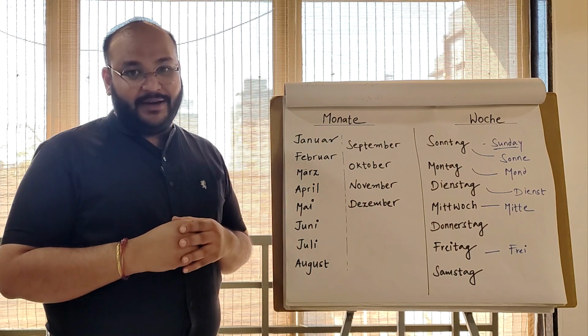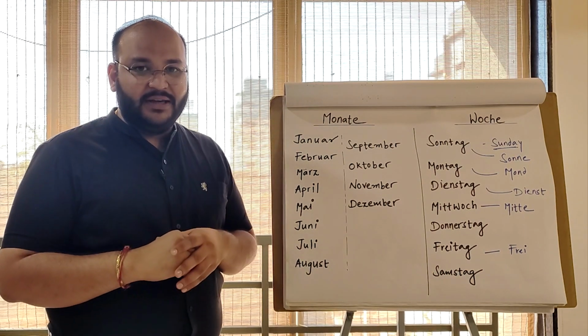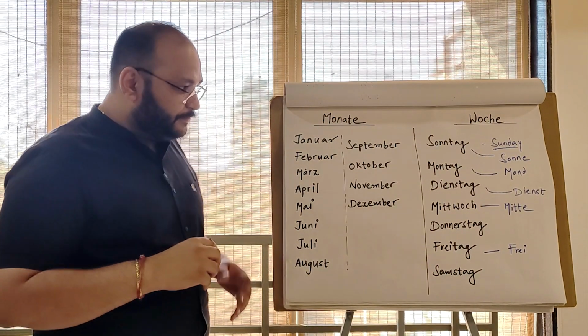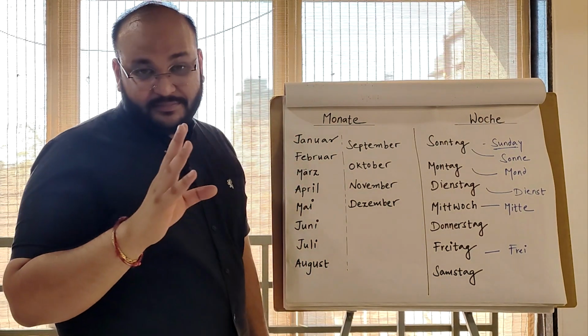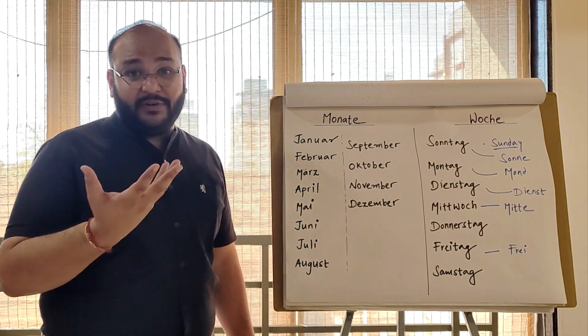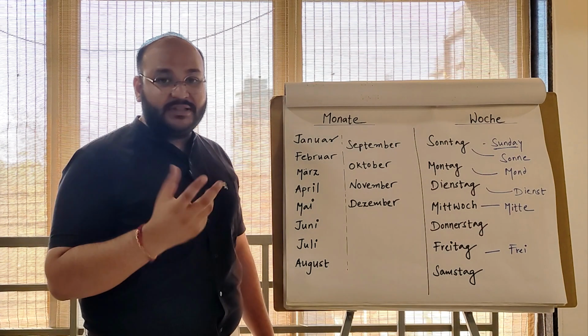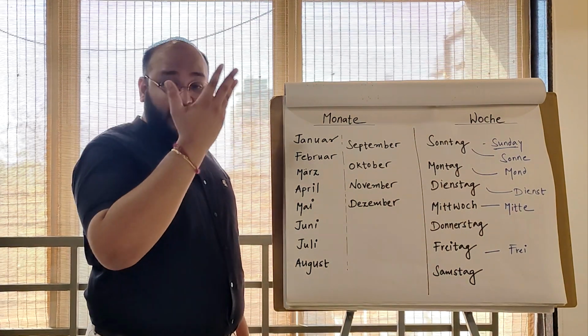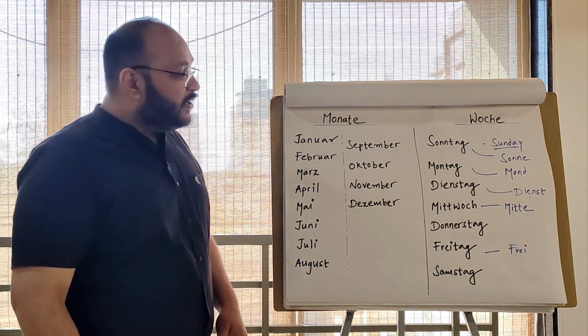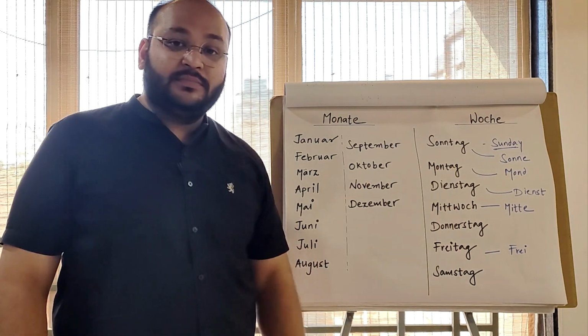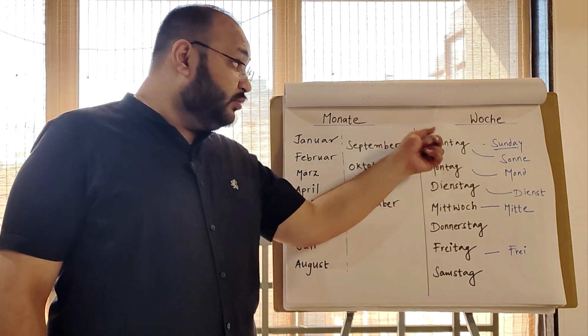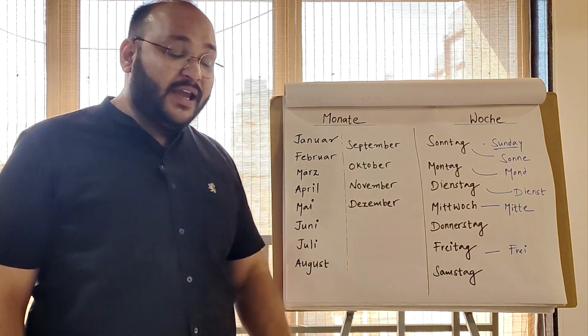Sunday in our Indian language is called Ravivar. Ravi means sun. Sun in German is called Sonne, and so the word is Sonntag.